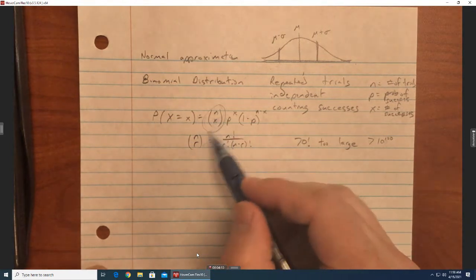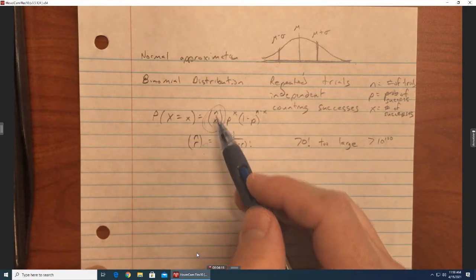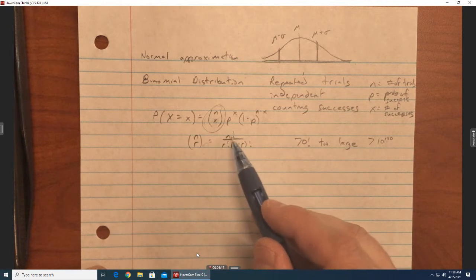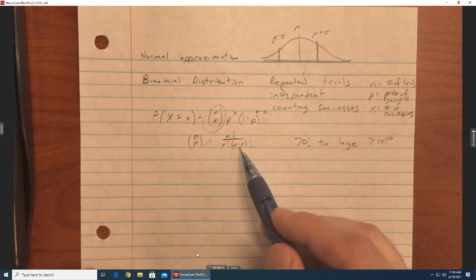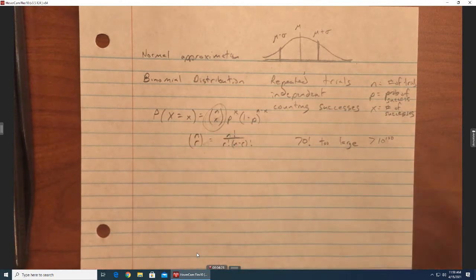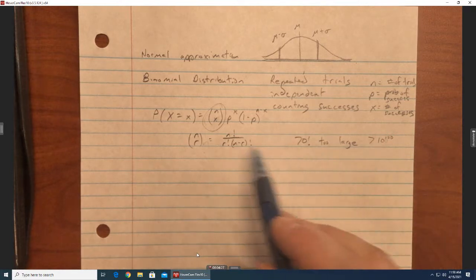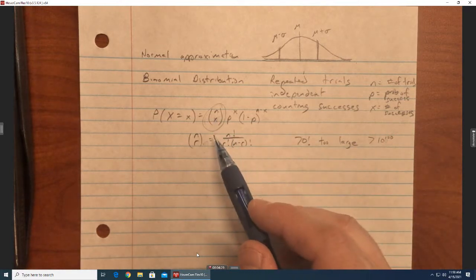So when you start talking about large values of n, you can see that the numerator of this fraction ends up being an extremely large number. Each of these factorials potentially ends up being a large number as well. So we have some really large numbers floating around, potentially too large for the calculator to deal with.